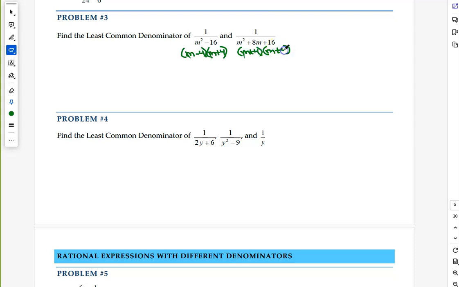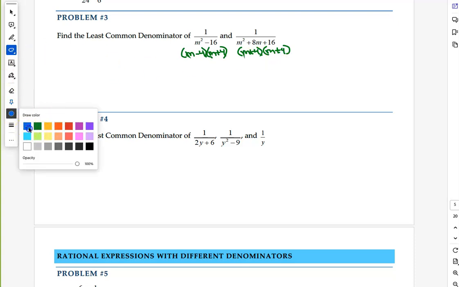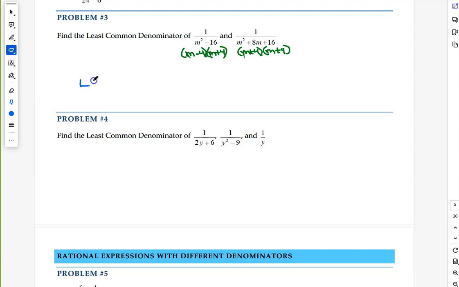Okay, so now let's look at finding the LCD of this. So here, my LCD. I just look at one of my denominators and I say, okay, everything that's there has to be part of my denominator. So I'm going to just look at that first one and have m minus 4 times m plus 4.